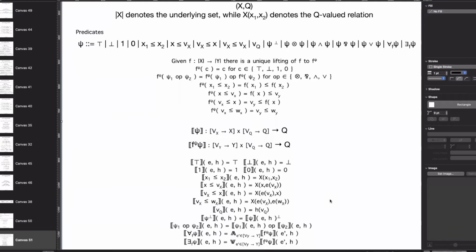So OSLF says that the meaning of a formula is going to be a container, like a set or a list or a graph or whatever, of all the programs that bear witness to the formula.